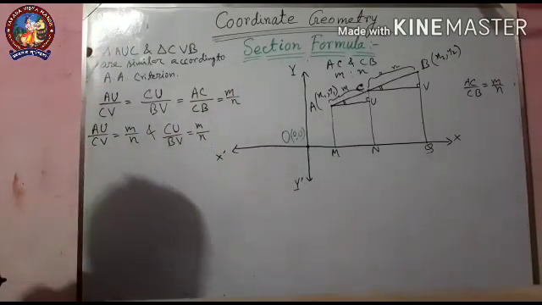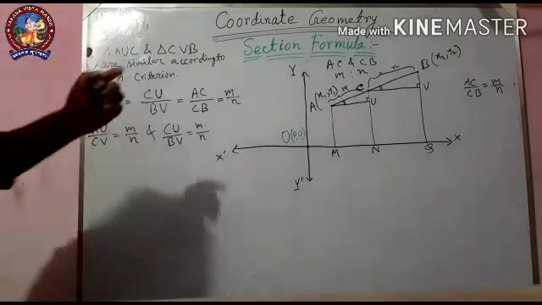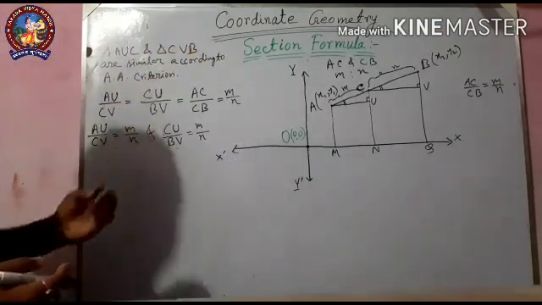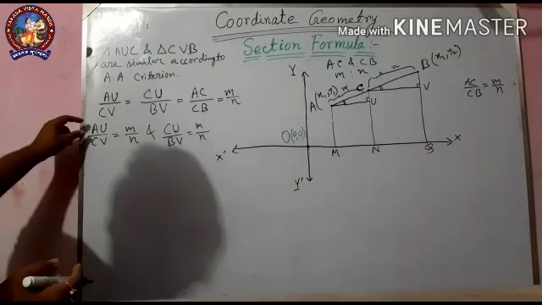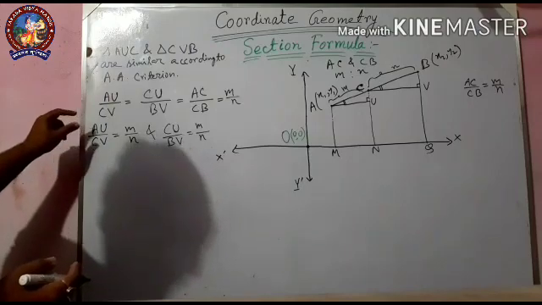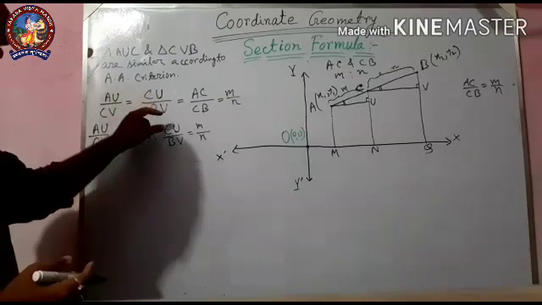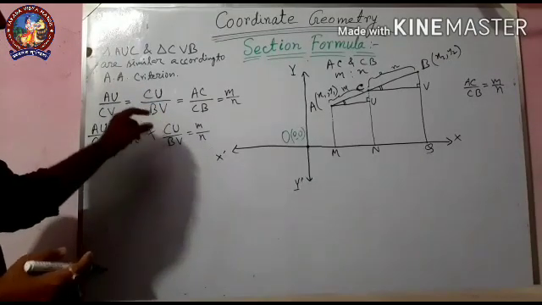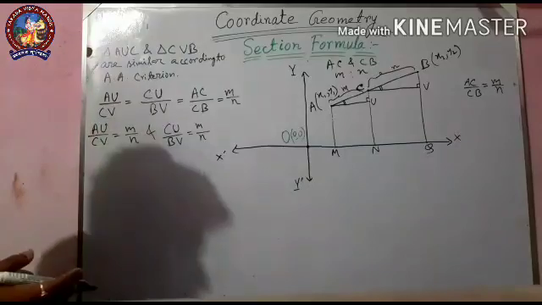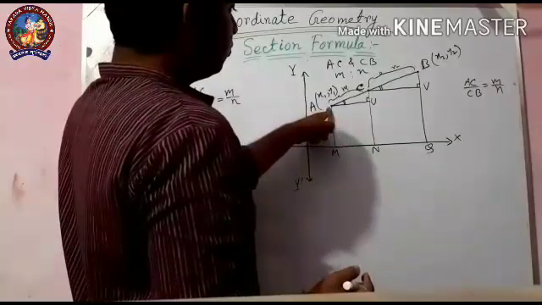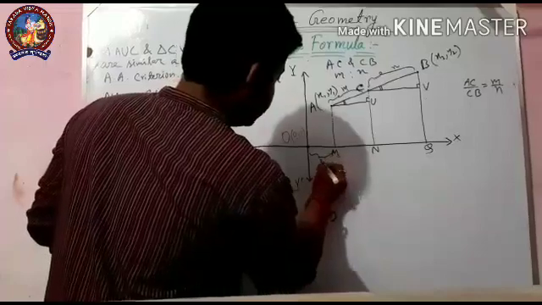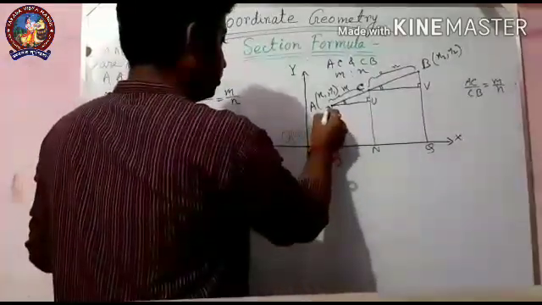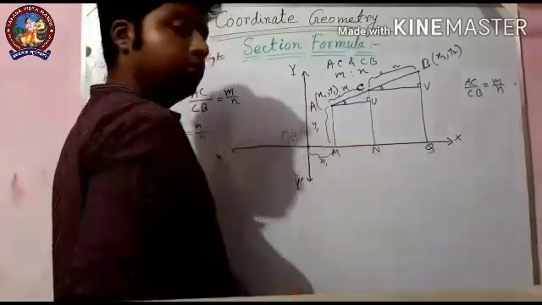Now we will derive the section formula from these two expressions. Here we will calculate the length of AU, the length of CV, then the length of CU and the length of BV, then we will put those values here. Since the coordinate of the point A is (x1, y1), this much length will be x1 and this much length will be y1, right?